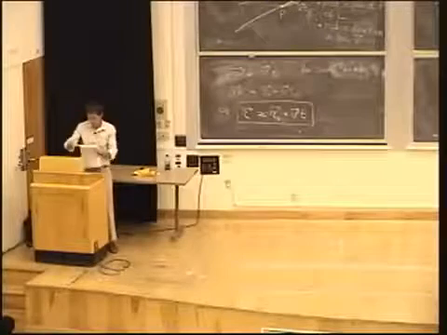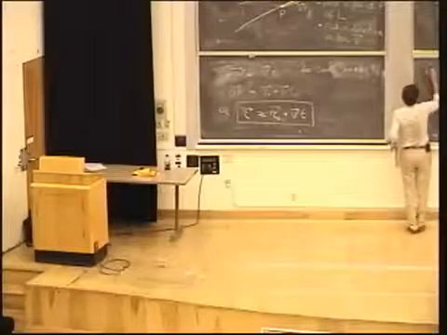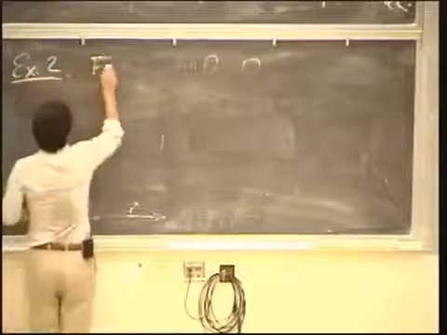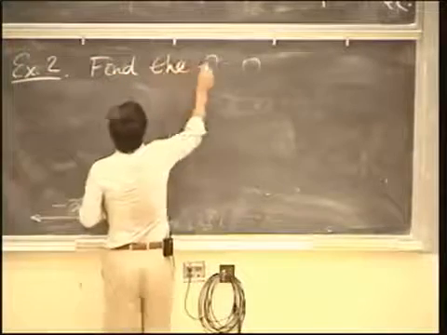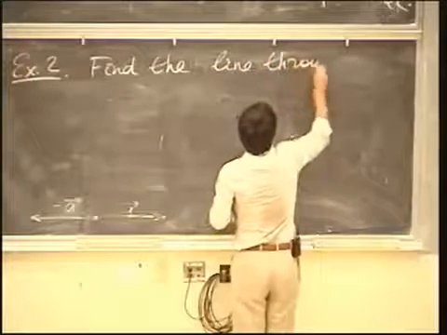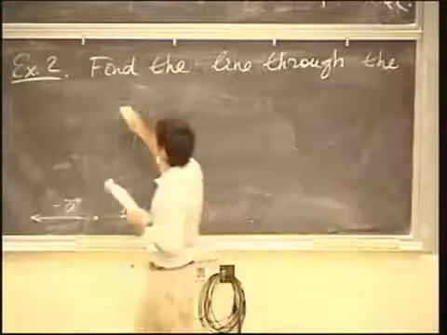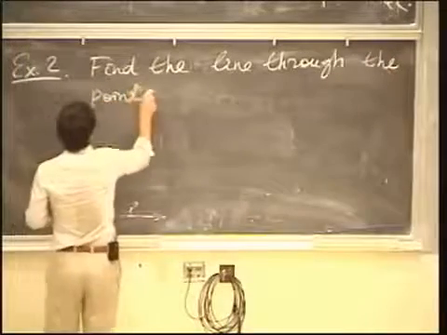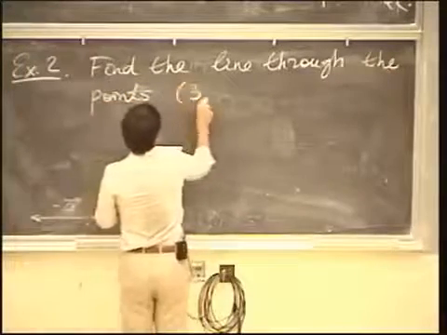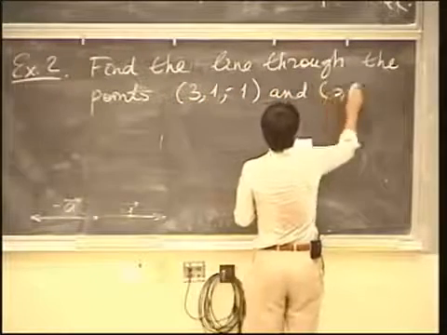So here is an example. It's a very typical question. Find the line which passes through the points (3, 1, negative 1) and (3, 2, negative 6).